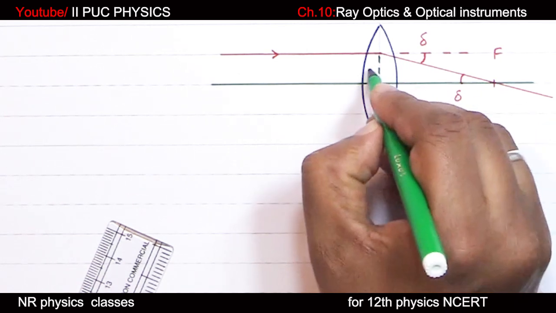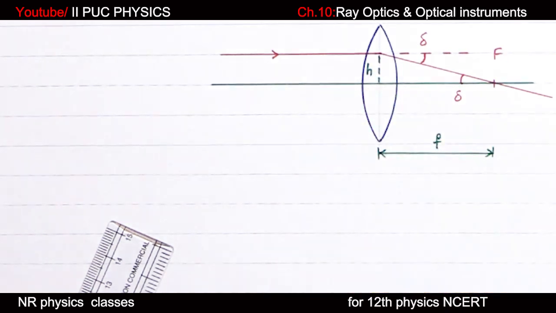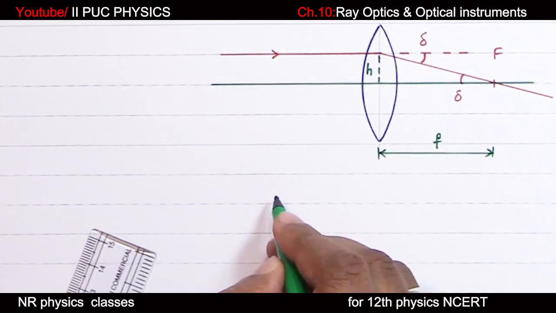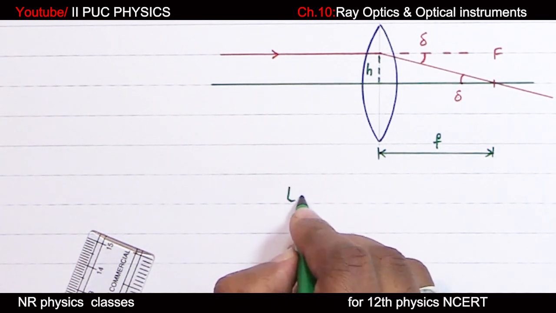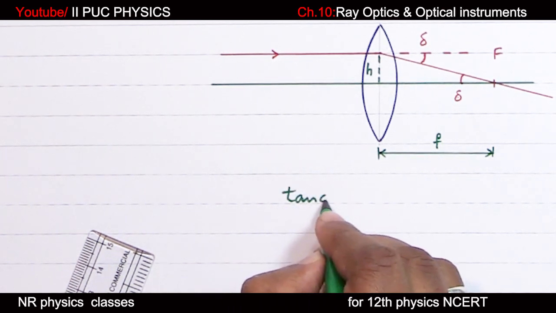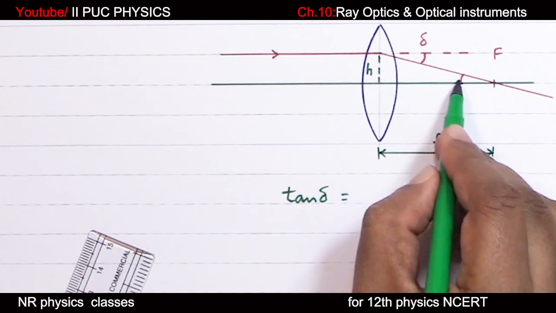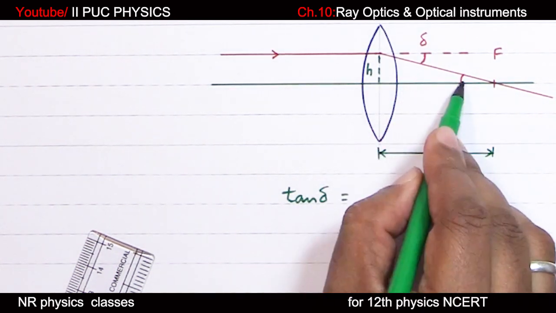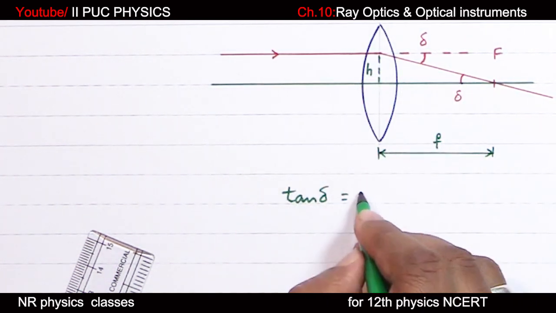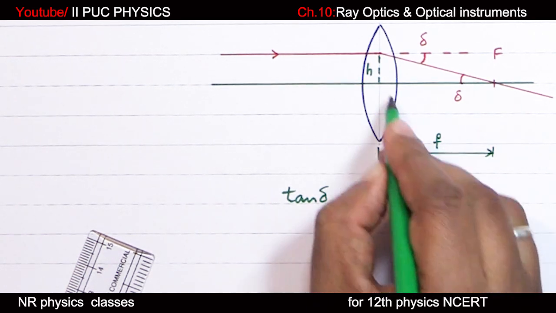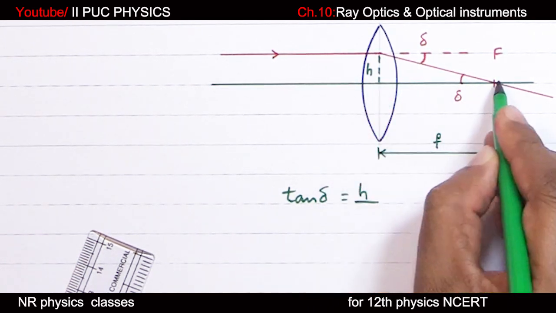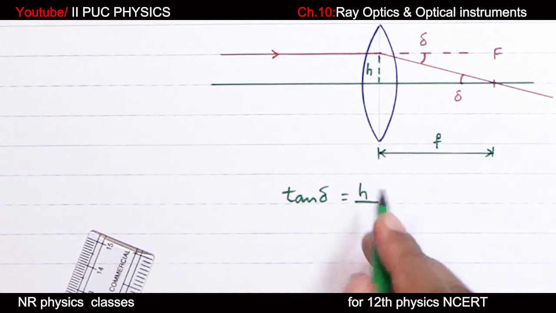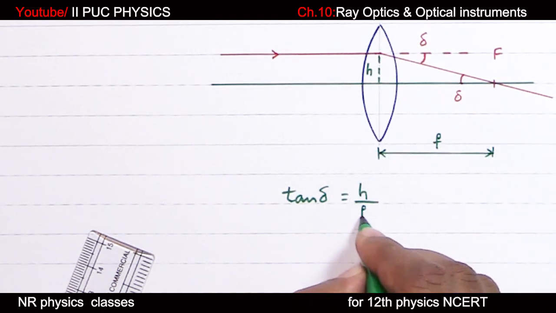Let this height be h. So tan delta, tangent of this angle, tan delta equals the opposite side h by the adjacent side. Adjacent side is f. This is f.